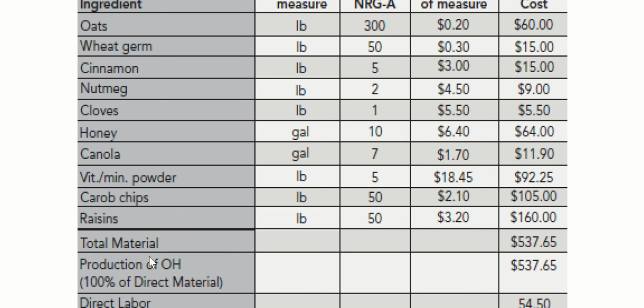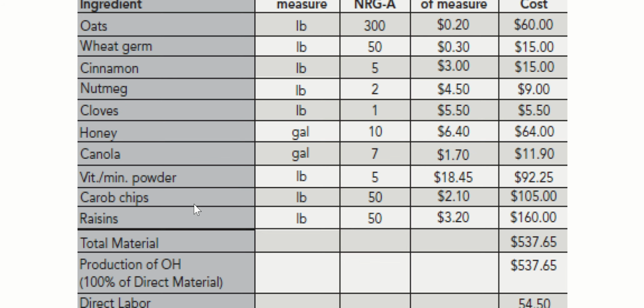For overhead, which is extra cost, they're considering 100% of direct material. Since it's a food factory producing a food product, they can stock those items in inventory for a long time. Based on several other things, the company will decide what percentage of direct material to calculate as overhead. Sometimes they may even calculate 150 percent. It depends on the product and the company.